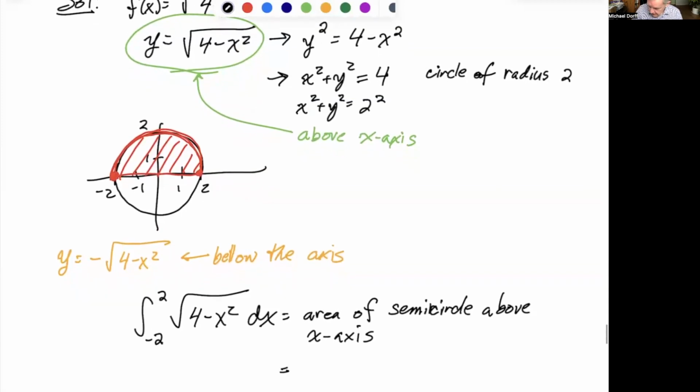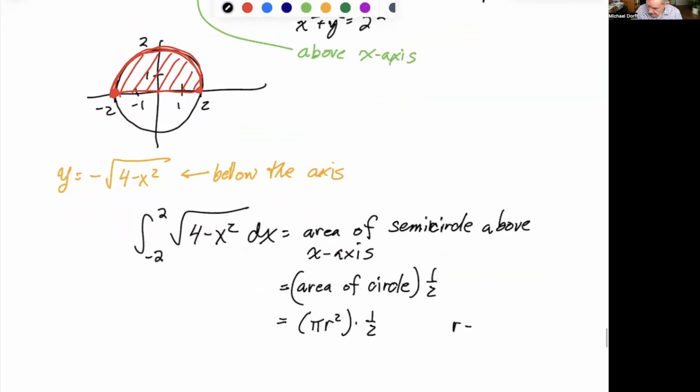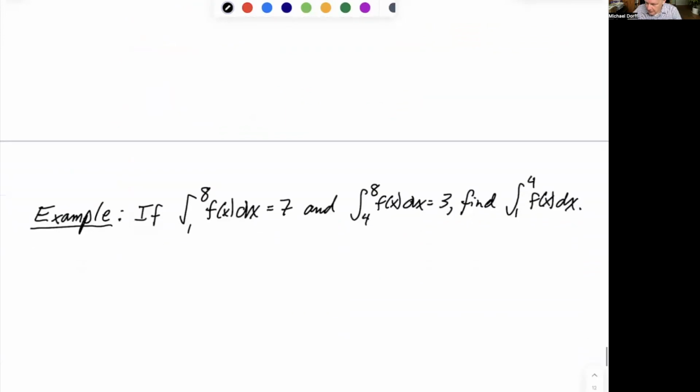So area of circle, and I'm going to do half of that because it's a semicircle. And that's a circle of radius 2. So that's pi r squared times a half. And r equals 2 in this case. So I'm going to get 4 pi times a half, or 2 pi for the area there. Let me do one more problem.